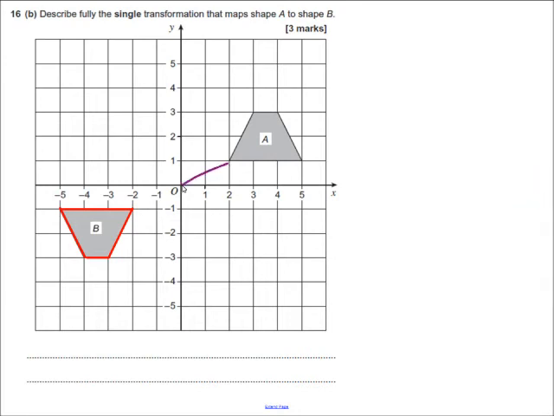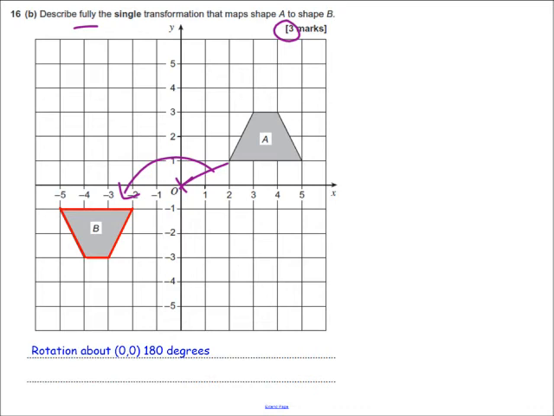If you can visually see that the origin is the center and you can rotate it, then you can give the full description, okay? And because it says describe fully and there are 3 marks, you need to think about the information you're writing down. So it's a rotation about 0, 0, and it's 180 degrees.